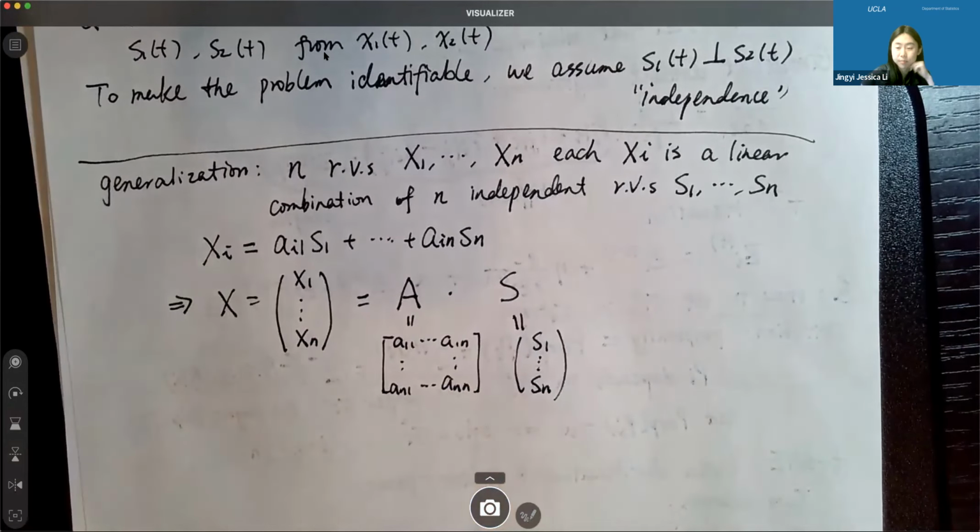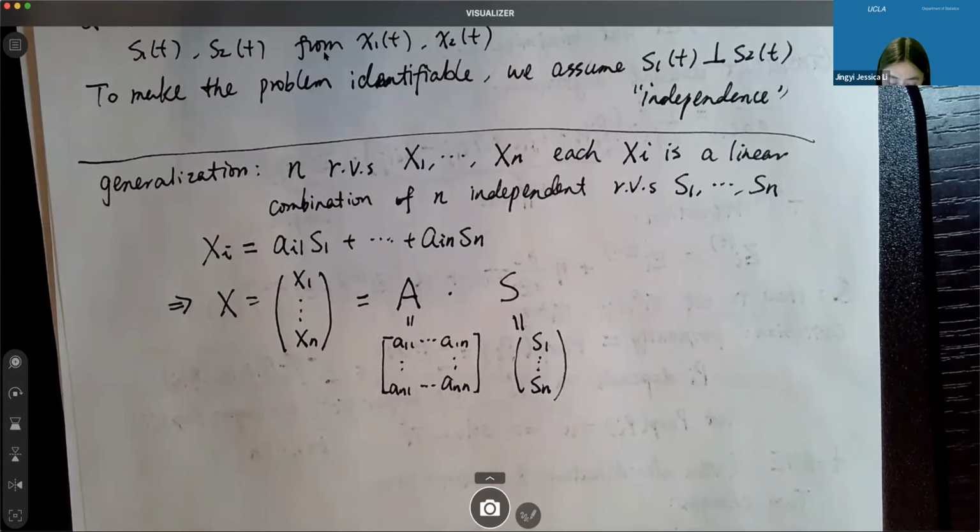So you can have this matrix notation to define the ICA. And the goal is to estimate this S1 to Sn, as well as the A matrix.